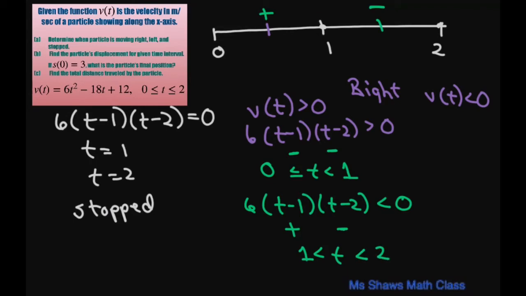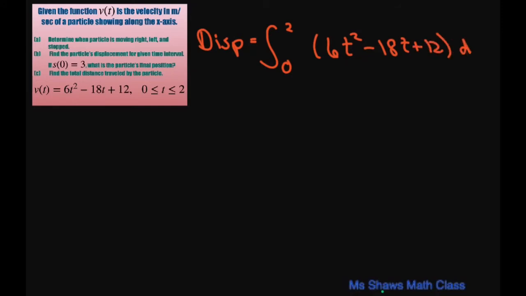All right. The next part is find the displacement for the given interval. So our displacement equals the integral from 0 to 2, and we're just going to integrate 6t squared minus 18t plus 12 dt.